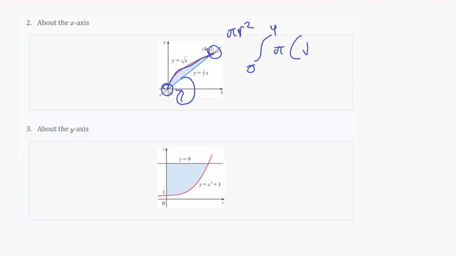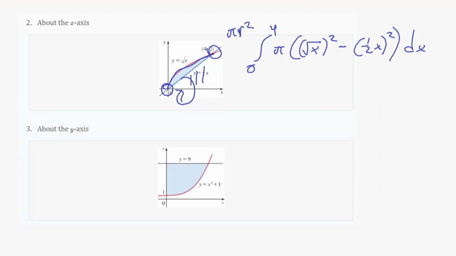So we're going to have square root of x, squared, minus 1/2 x, squared, and dx. Why we do this is because square root of x squared gives us the area under the whole thing, and then 1/2 x squared gives us the area under this little portion. And this little portion is what we don't want, so we're subtracting it from the bigger one.